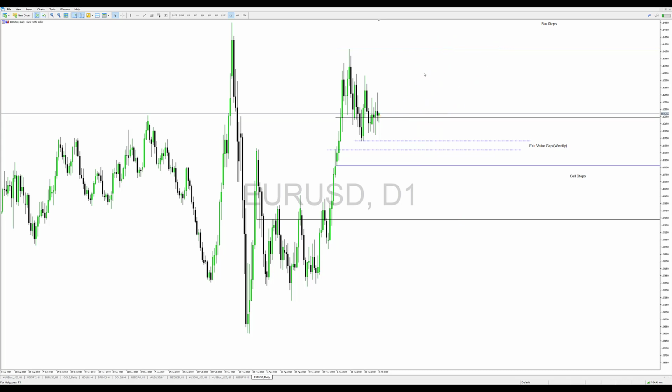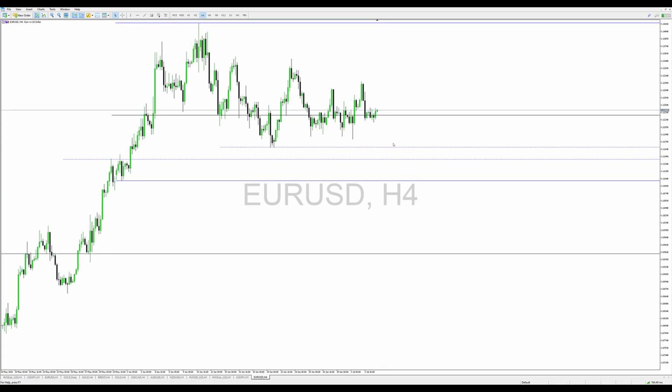So now let me drop down to a H4 price action. So now on the H4, you can clearly see we've got these equal lows here, like 1, 2, 3, 4. There's stops below that, and you can see price can really trade to the downside, fill up the fair value gap.